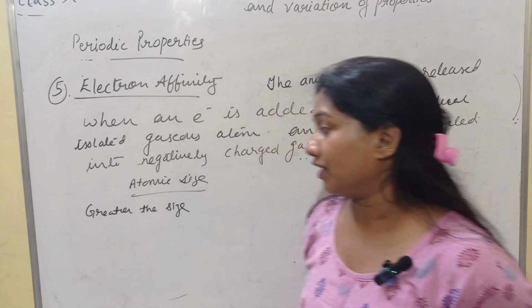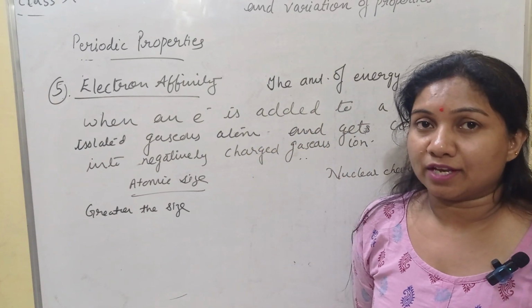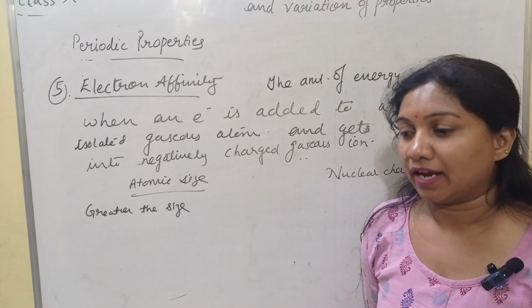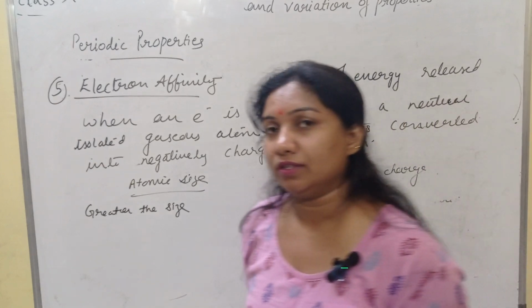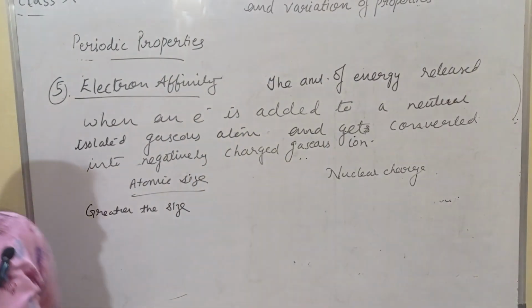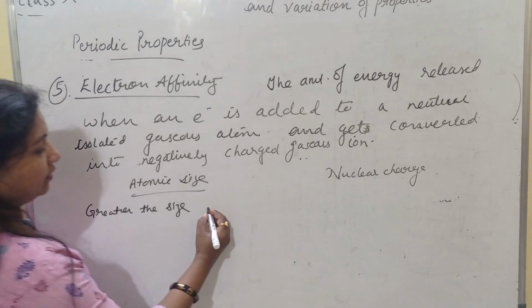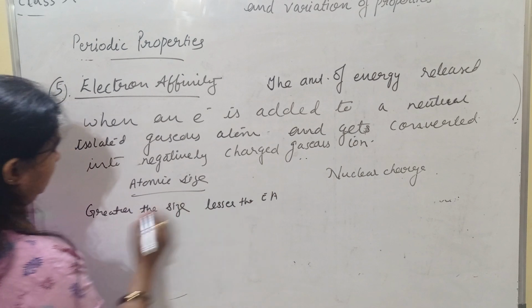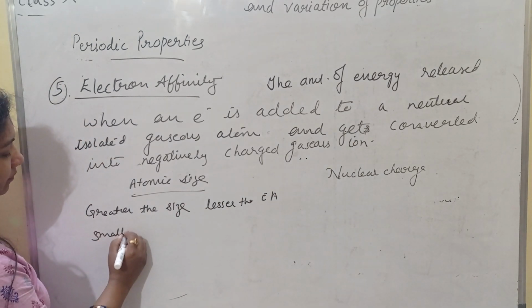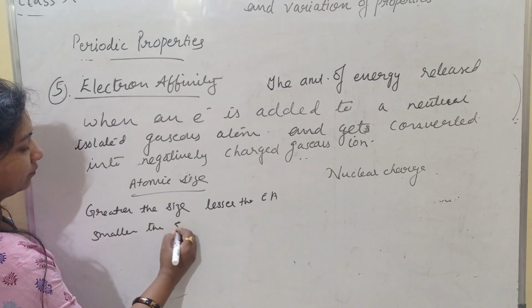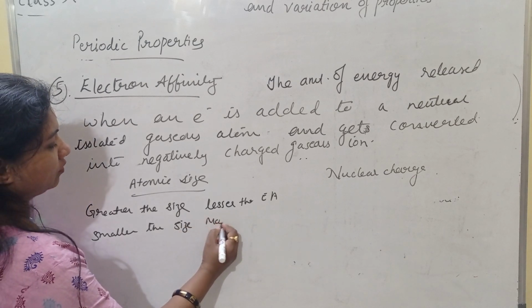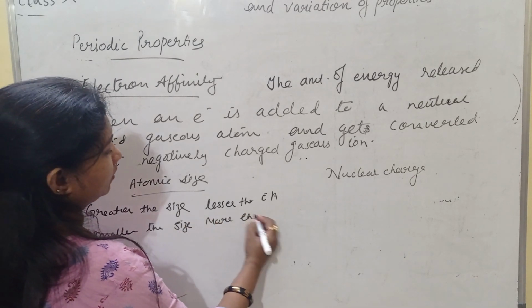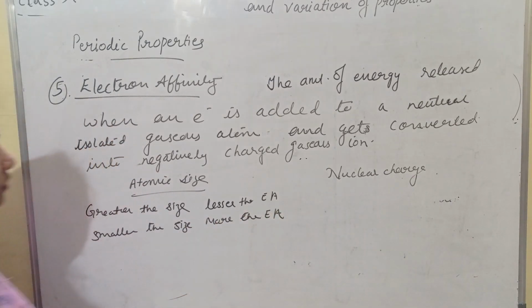So if greater the size, lesser is the amount of electron affinity, and lesser is the tendency of element to accept electron. Greater the size, lesser the electron affinity. Smaller the size, more the electron affinity.